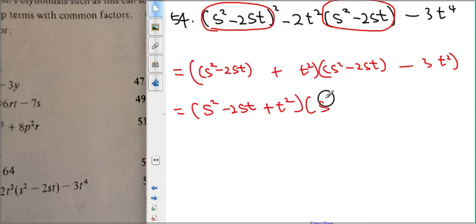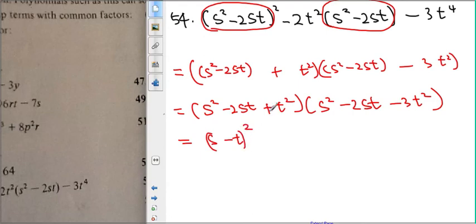Here we get s squared minus 2st minus 3t squared. Then here what do we end up getting? This becomes s minus t squared. Here we get s minus 3t times s plus t, similar to what we have done earlier with the same coefficients. Then I think we are done. Yeah, that was number 54.